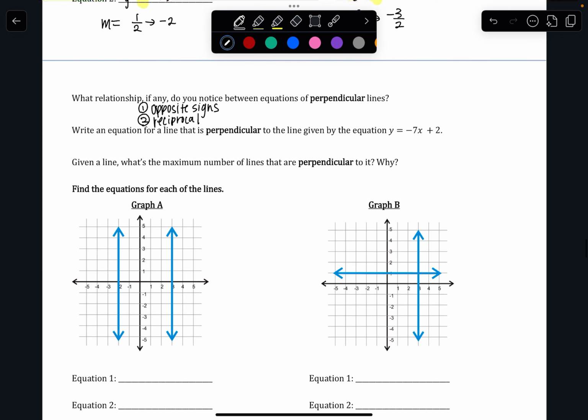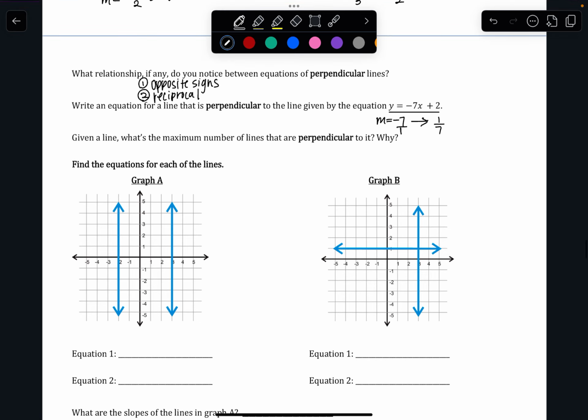Now, write an equation for a line that is perpendicular to this line. The current slope is -7, so the perpendicular slope would be positive 1 over 7. A whole number is always written over 1, so its reciprocal will always have a 1 on top. Now it's positive, and any line with a slope of 1/7 will work.